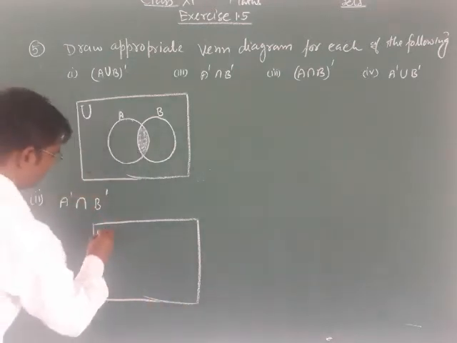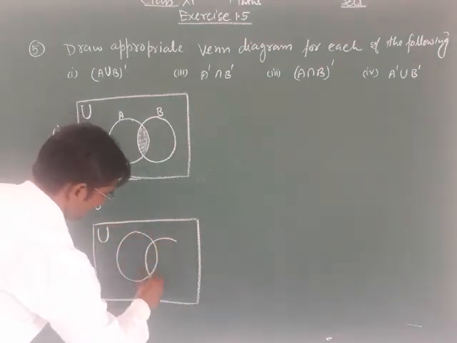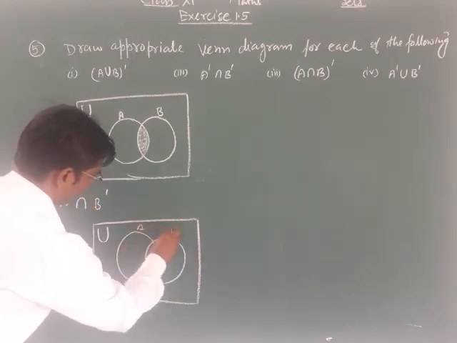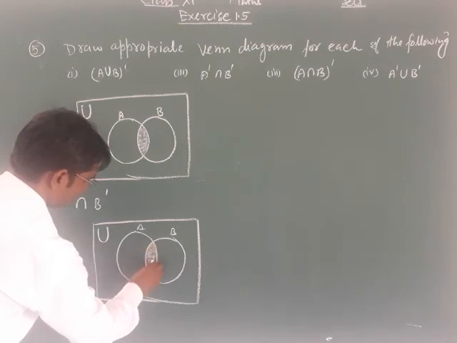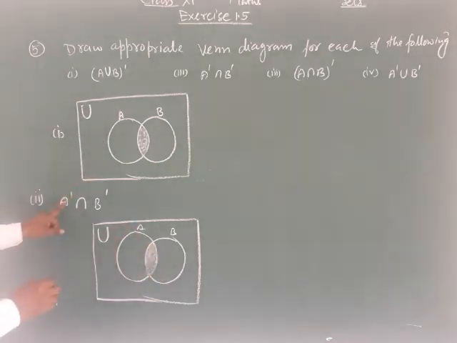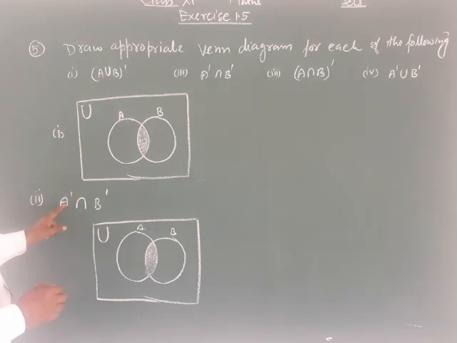So U and sets A and B. So this is also called complement of A union B, and equal to complement of A intersection complement of B by De Morgan law.